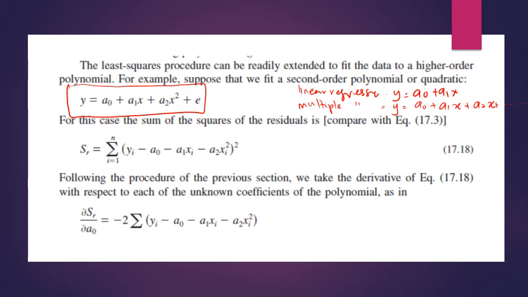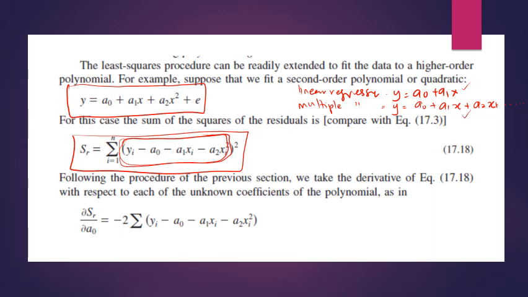For example, suppose that we fit a second order polynomial or quadratic. That's why you have x squared. For this case, the sum of squares of the residual, just like before, depends on this value. For linear, you use this one. For multiple regression, you use this one.